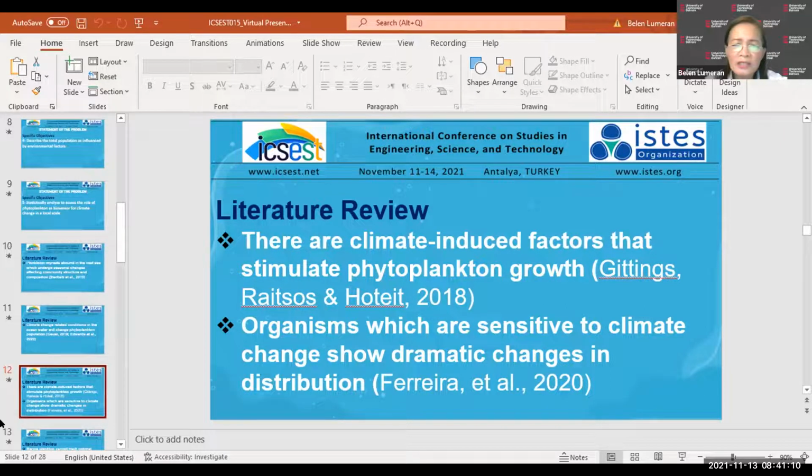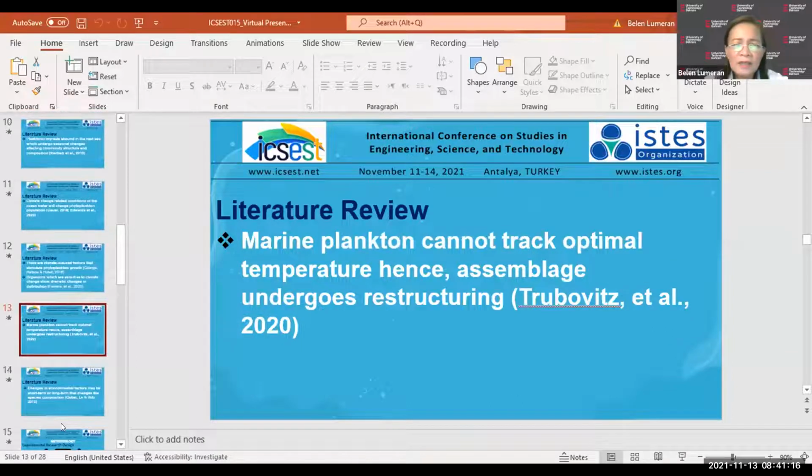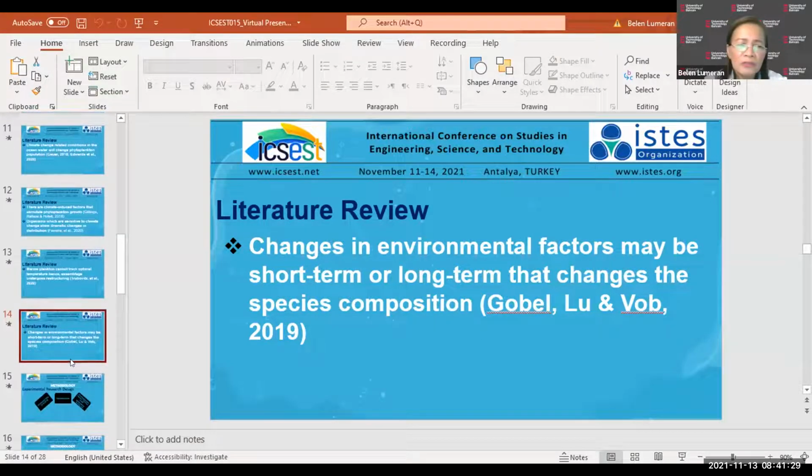Organisms which are sensitive to climate change show dramatic changes in distribution, like the phytoplankton community. Marine planktons cannot track optimal temperature, hence the assemblage undergoes restructuring. Changes in environmental factors may be short-term or long-term and change the species composition.